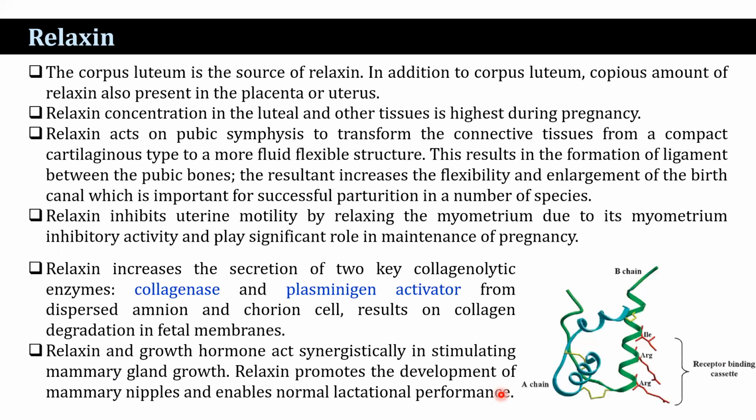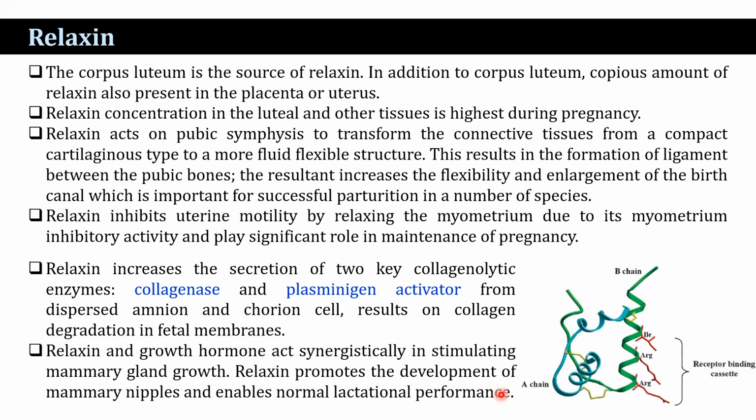Then relaxin. The corpus luteum is the source of relaxin. In addition to the corpus luteum, copious amounts of relaxin are also present in the placenta and uterus. Relaxin concentration in the luteal and other tissues is the highest during pregnancy.